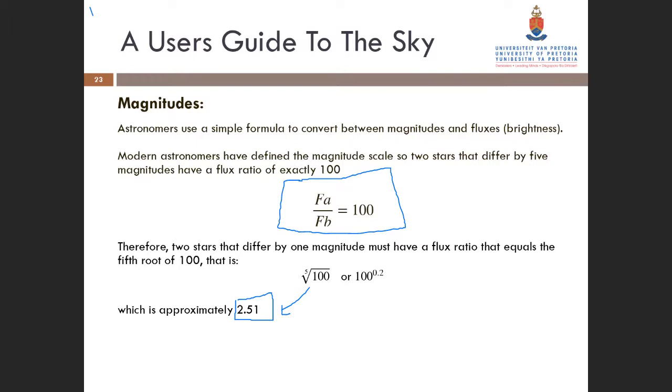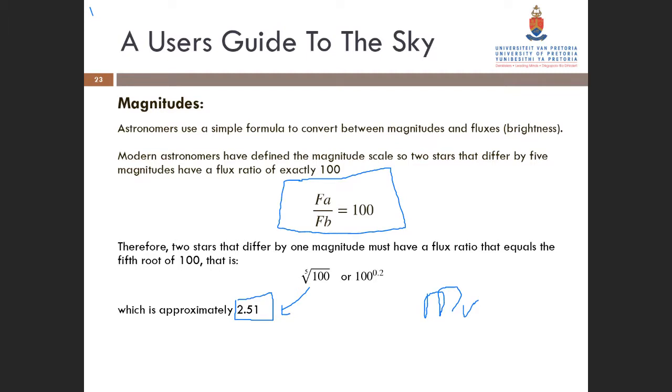Okay, cool. A few questions I see here: yes, FA over FB is the ratio. Magnitude doesn't have a unit, but the symbol for apparent magnitude we will be using is m_V.